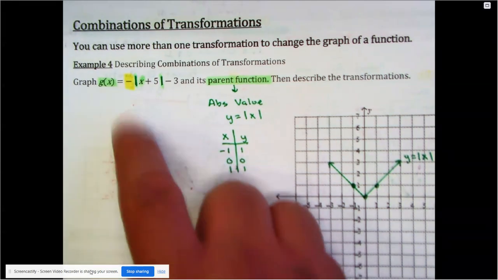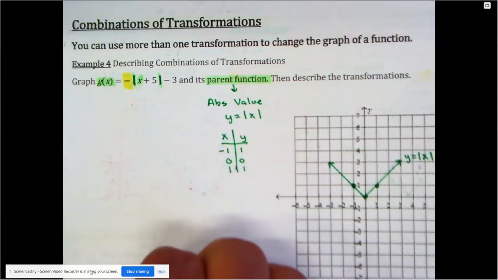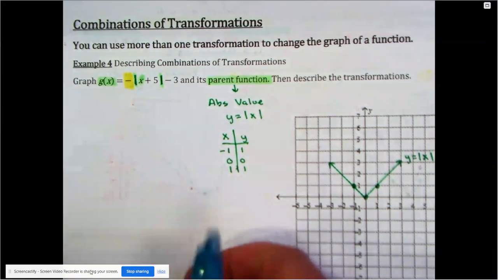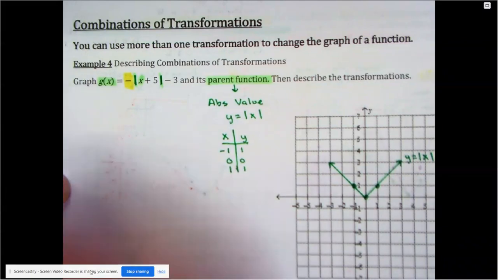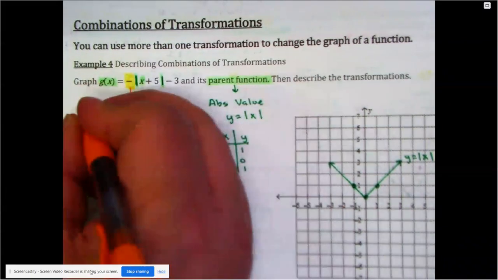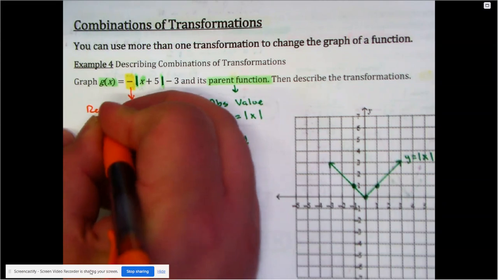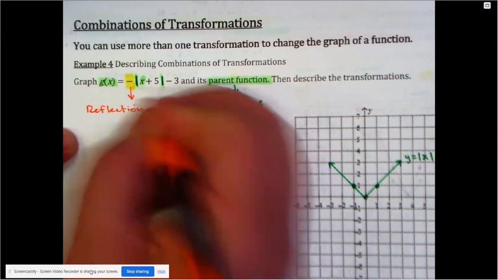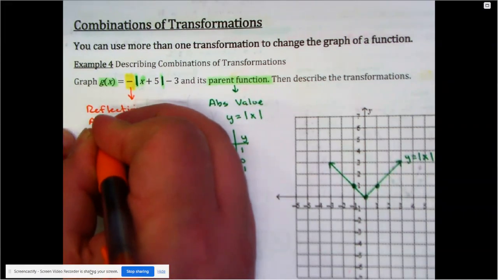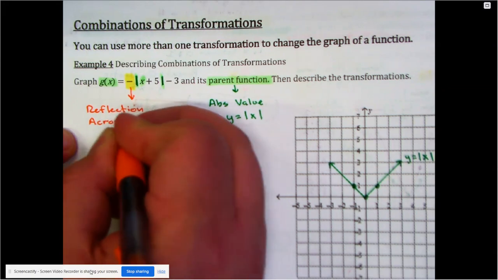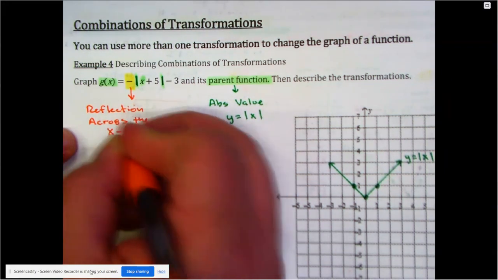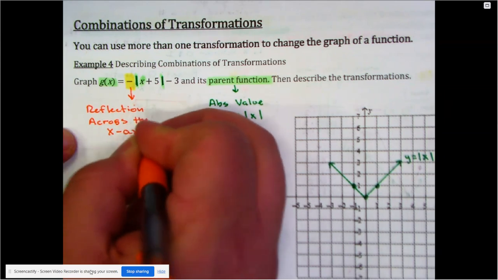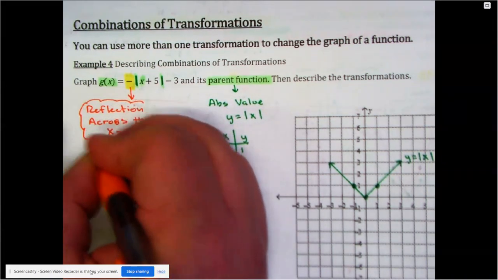It's just a negative value. But that negative is telling me to do one thing and one thing only, and that is a reflection across the x-axis. So that's step number one. We're going to take care of this first.